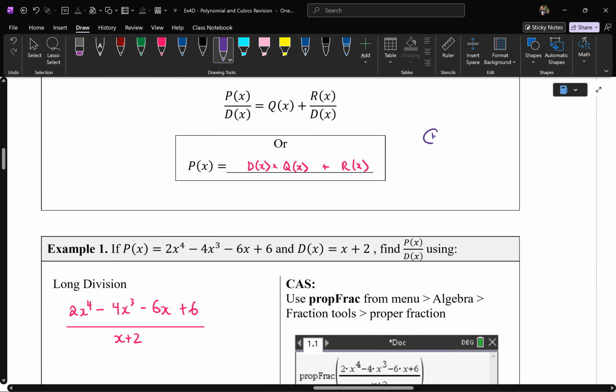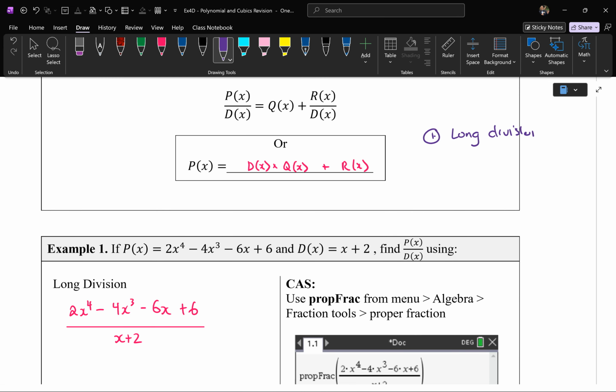Number 1, you need to know how to do long division with polynomials. I'm going to do one with you to practice that skill from last year again. And then number 2, it's technically remainder theorem or factor theorem.